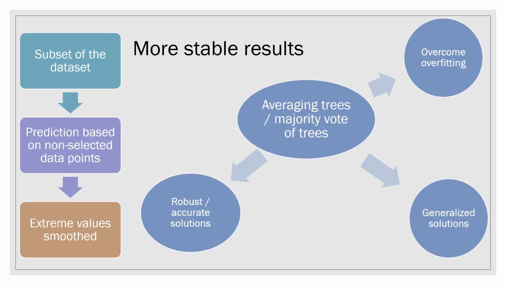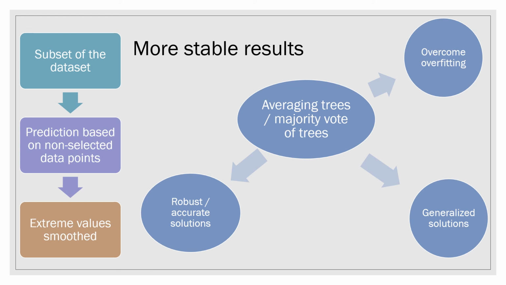So, when we average the different decision trees assigned to different segments of the data, or we take a majority vote of people's rankings pertaining to different determinants of healthcare satisfaction, these will give us more robust and accurate results because it gives us more generalized solutions.